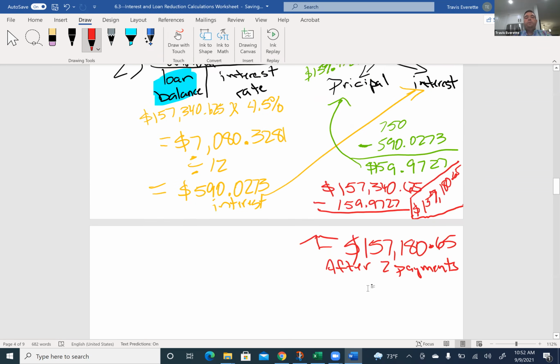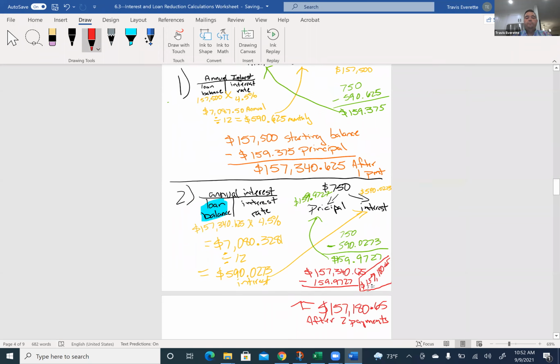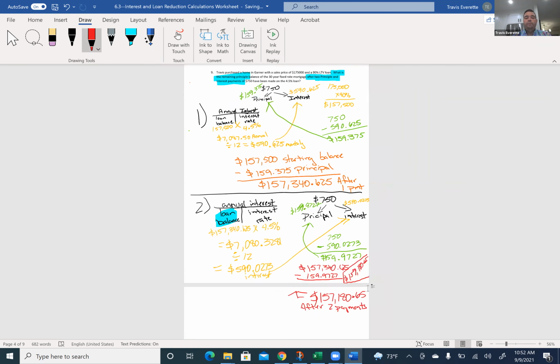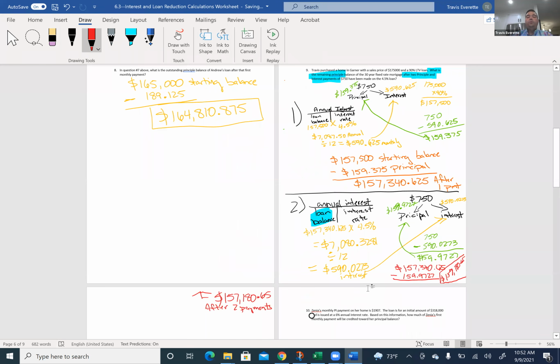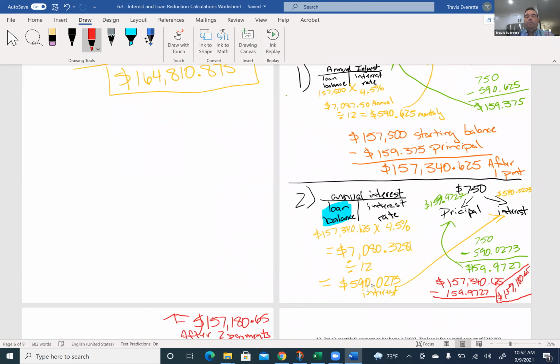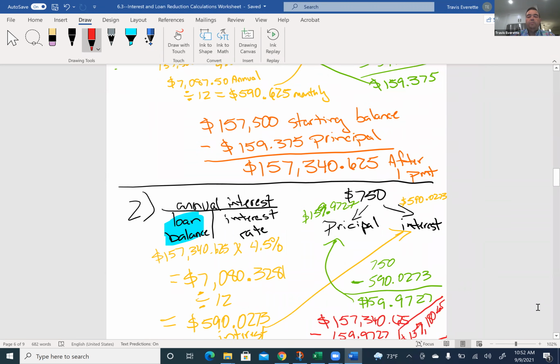So let me zoom down so you can take a look at all of it at one time. Try to anyway. There we go. So you do that process twice, and you end up with the balance after 2 payments. Sorry for the zooming issues there.